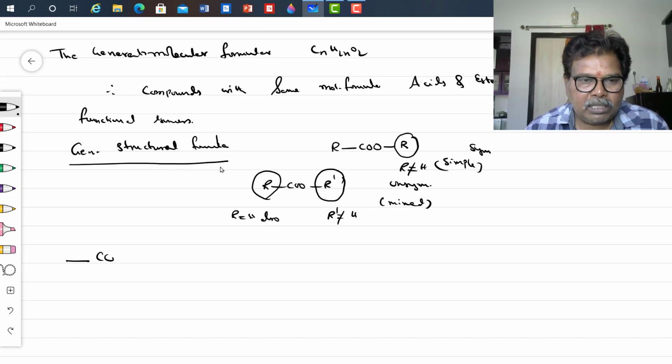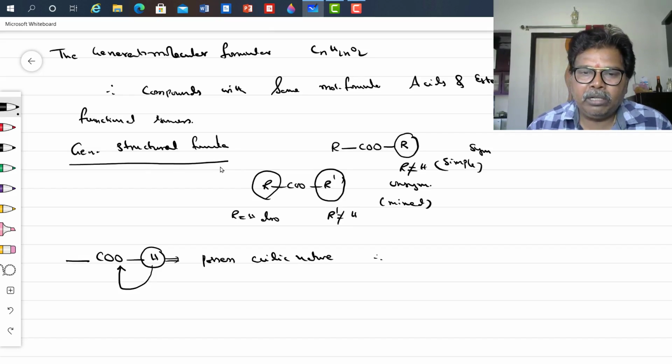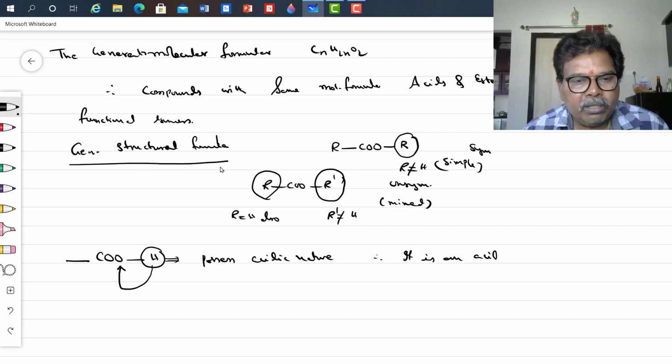Suppose in the COO group, hydrogen is attached. This hydrogen is bonded to oxygen, is it not? So therefore, this hydrogen possesses acidic nature. So therefore, it is a carboxylic acid.